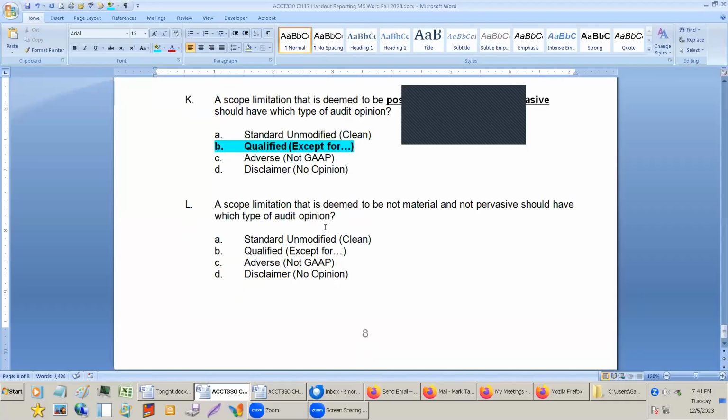Well, that's what you want. You can take it to the bank and say, they couldn't determine this, but everything else is fine. The cash is fine. Accounts receivable, whatever. Property and equipment's fine. It's a lot more information than simply a disclaimer, which means, I don't know. It's a little more eloquent than that, but it pretty much is. I don't know.